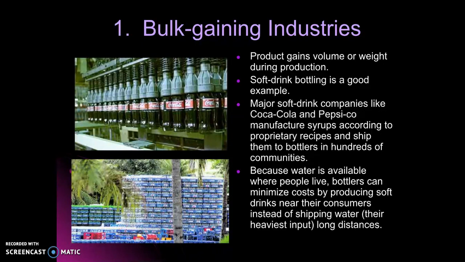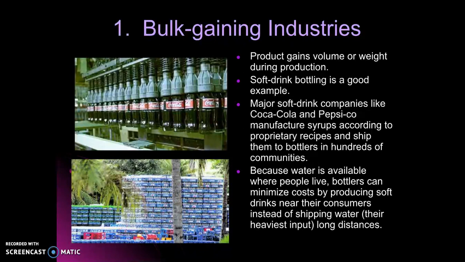So you want to transport the single components the further distances, then get right next to your market, turn it into your assembled product that is much heavier and has more volume, and then process it. That negates that increased transportation cost.